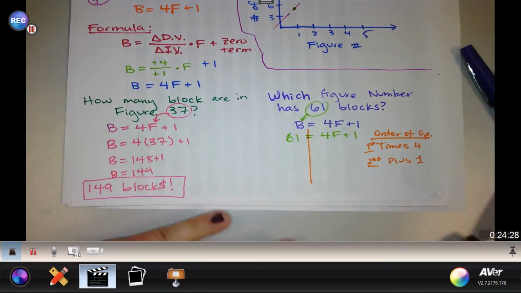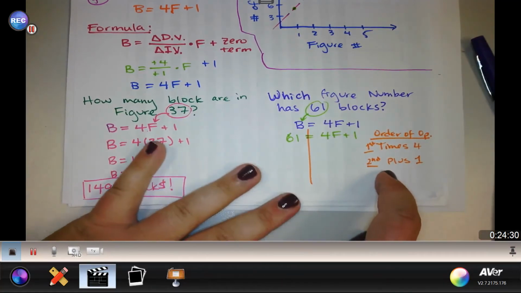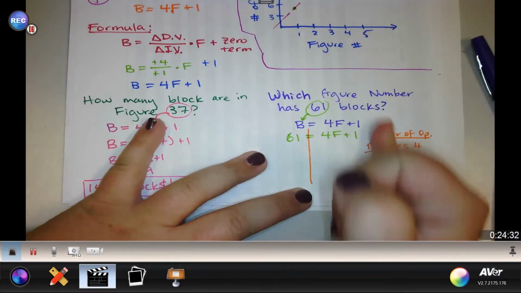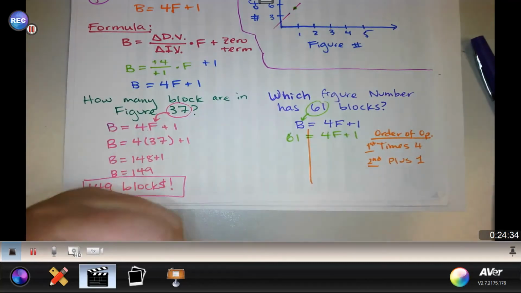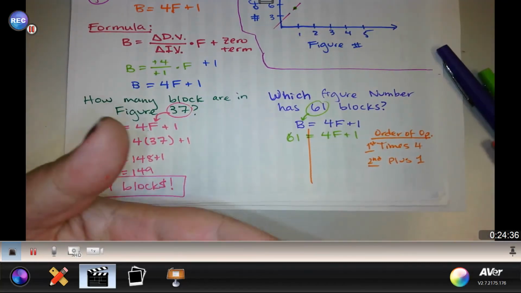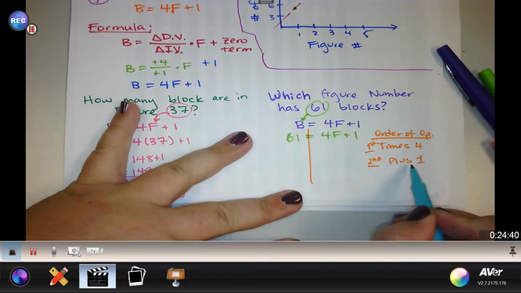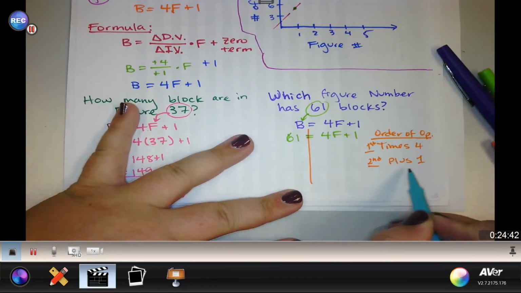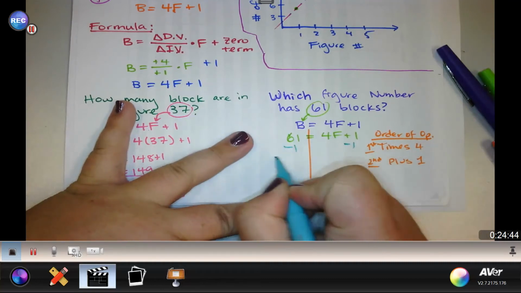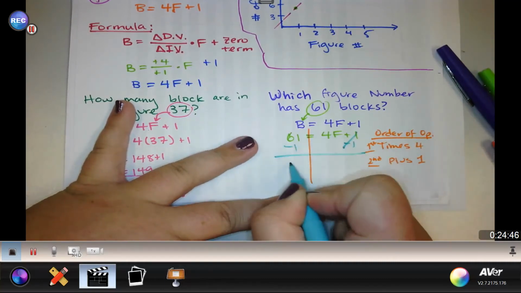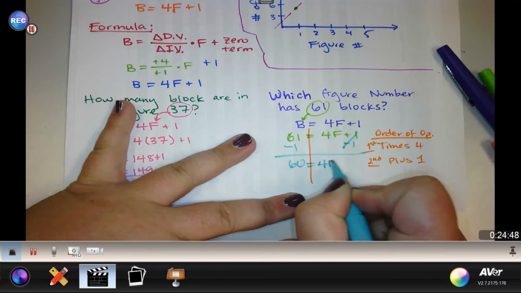Okay, to undo it, you do the exact opposite order, meaning you go up the list and do the opposite of what it says. So to do the opposite, we start at the bottom, plus 1. The opposite of plus 1 is minus 1. So we've undone that, and we get 60 equals 4F.